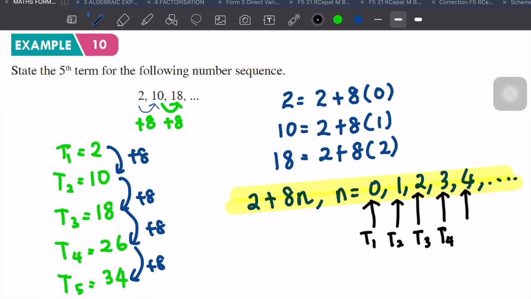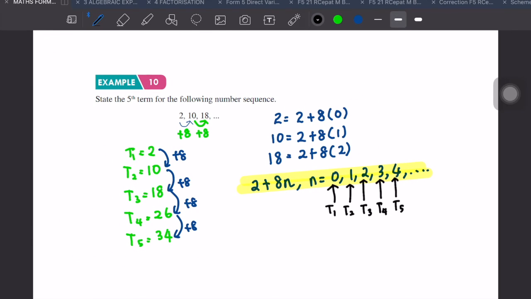And when n equals 4, this is the fifth term. So if you want to write the fifth term, T5, you can write it as 2 plus 8 times, this is 5, you minus 1, so 4. So 8 times 4 plus 2, you will get 34.